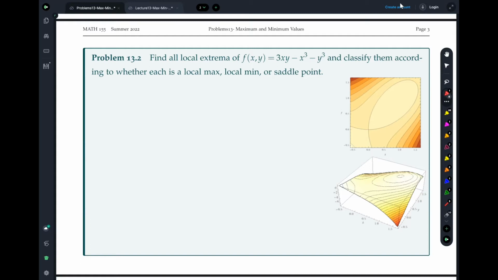Second partial derivatives, and then you calculate the discriminant. So f sub xx times f sub yy minus f sub xy all squared. And then the sign of that and the sign of your f sub xx as well. Okay, so work through that. I'll walk around the class and see if anyone has any questions.